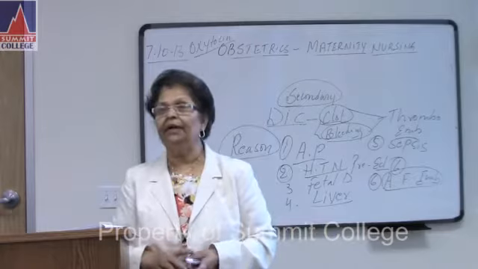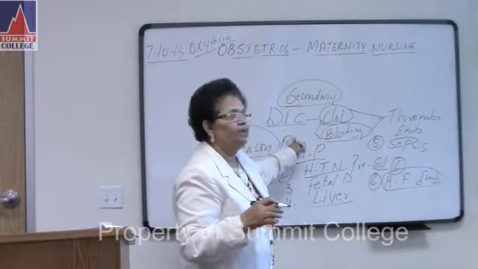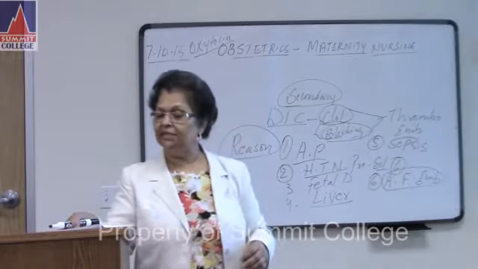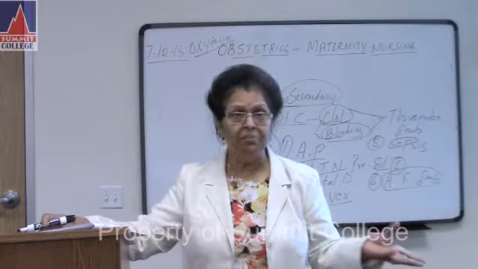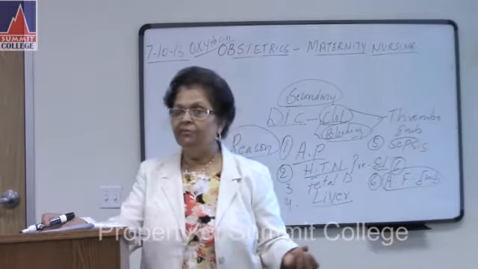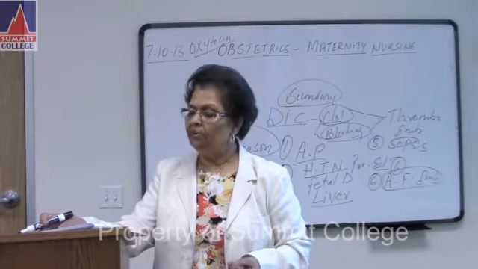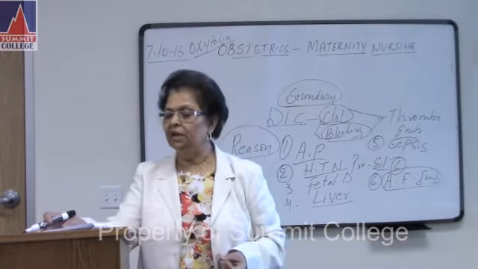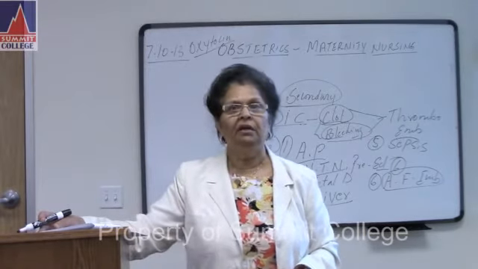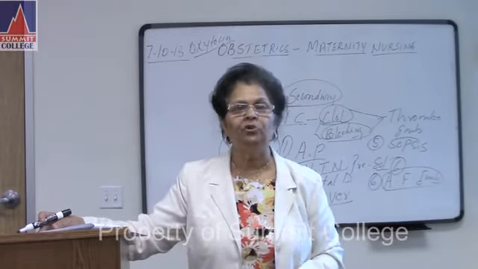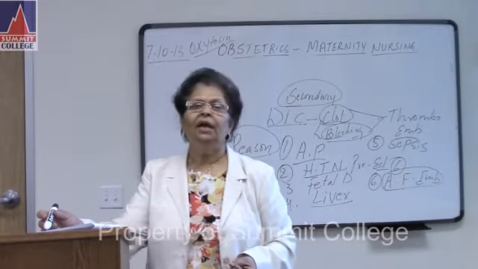Data collection. What are the signs and symptoms of DIC? Number one is hematuria. The mother is bleeding: hematuria, vomiting, vaginal bleeding, bruising, purpura, ecchymosis, uncontrolled bleeding. And what is low here? Underline the word: fibrinogen is low. Platelet count is low.